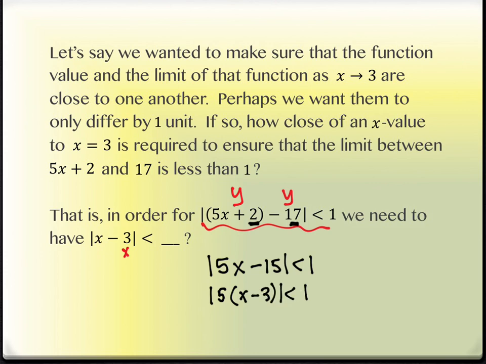And I'm going to recognize that this is the same as the absolute value of 5 and the absolute value of x minus 3. I know that sort of feels funny because 5 is already positive. The reason I mention it is because if we had a negative number right here, we'd have to do the absolute value.